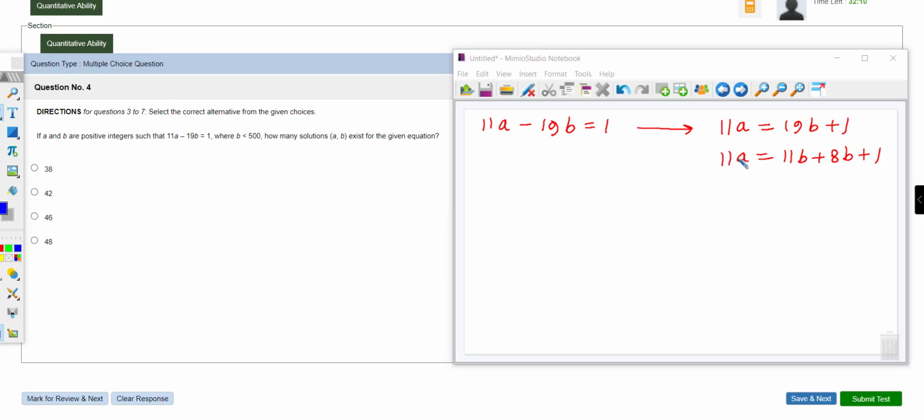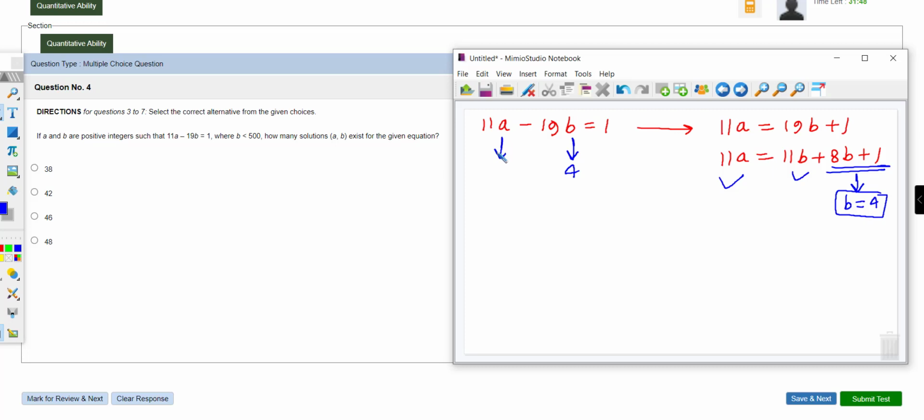This is a multiple of 11, and this is a multiple of 11. So the value of 8b plus 1 has to be a multiple of 11. We can put b is equal to 1, no, 2, no, 3, no, 4, yes. So if I put b is equal to 4, this will be a multiple of 11. So b is equal to 4 is the first solution.